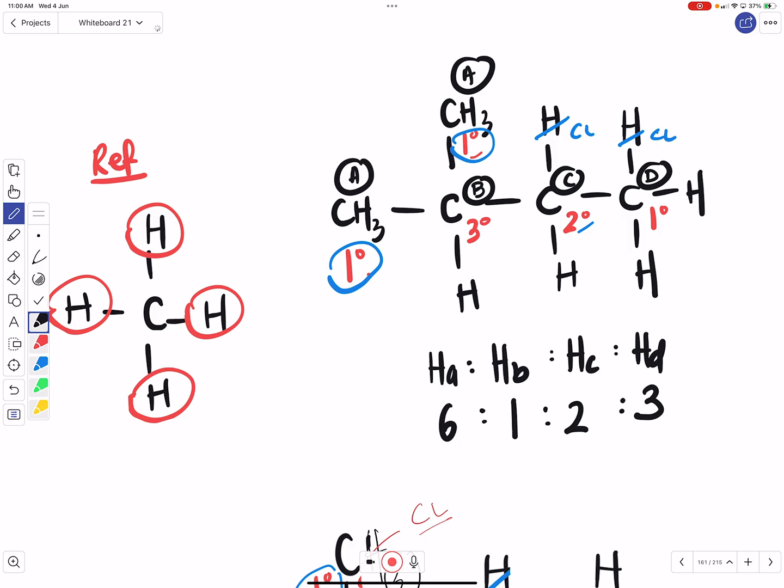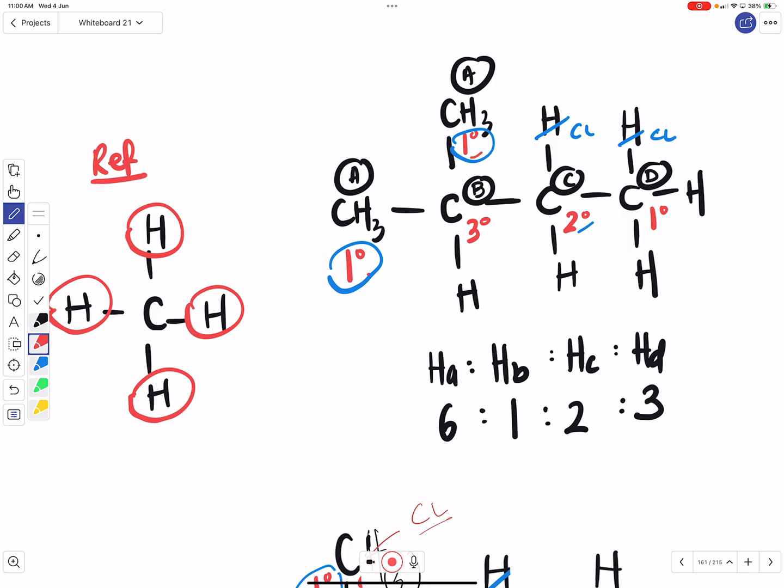Are you all clear? So what's the big deal about this ratio 6:1:2:3? It tells us that if I want to substitute a chlorine atom at environment A, the probability is 6 over the total number of hydrogen atoms, which is 12. So 6 over 12, the probability is 0.5.